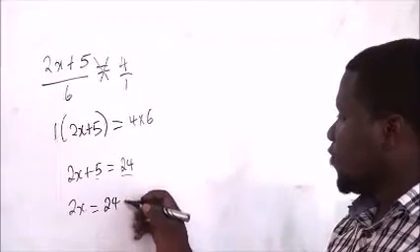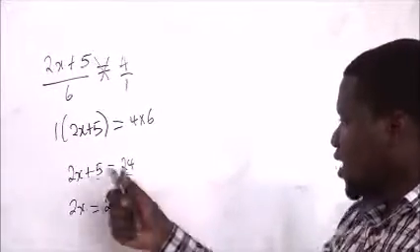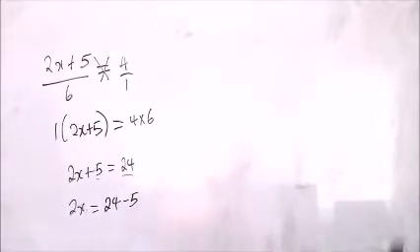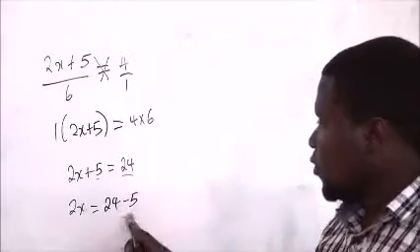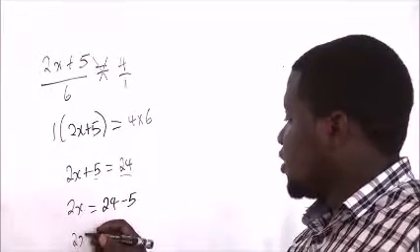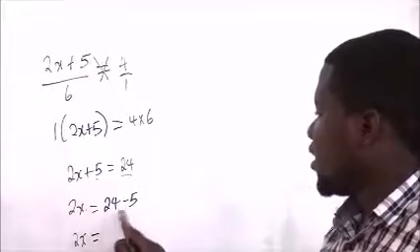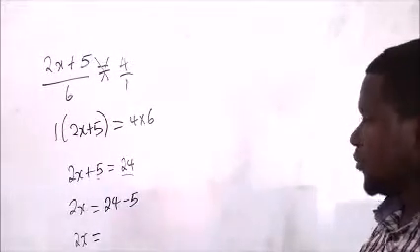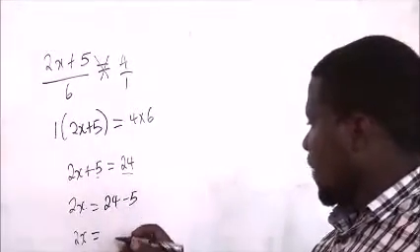So it's going to be 24 minus 5, because the additive inverse of that positive 5 is negative 5. Therefore, we look at the difference between 24 and 5. So we'll say 2x is equal to 19.